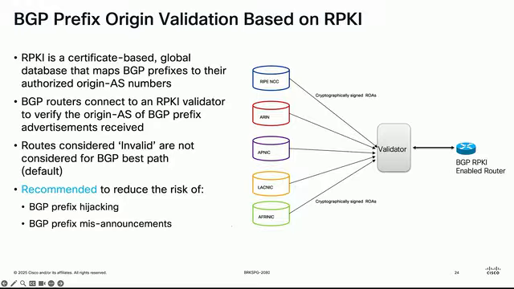In other words, whatever block is given to you, make sure you update these databases with those entries. Whatever you say you're going to advertise, make sure you advertise. If you're not going to advertise, flag it with AS0 so that there is no chance of prefix hijacking. So this feature makes sure that there is no BGP prefix hijacking or prefix misannouncement happening.